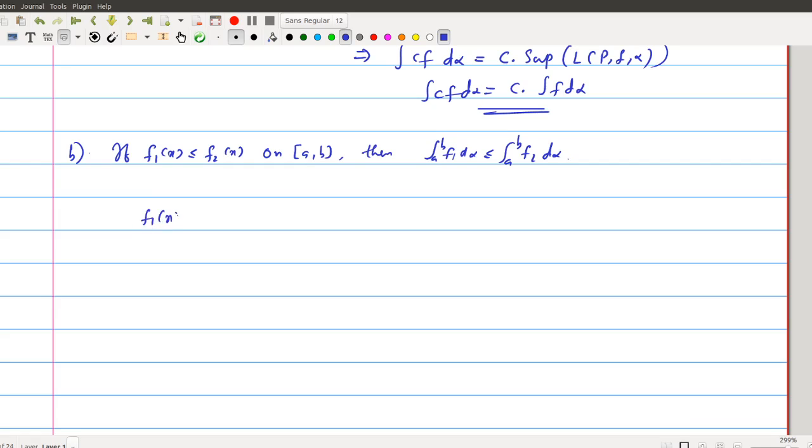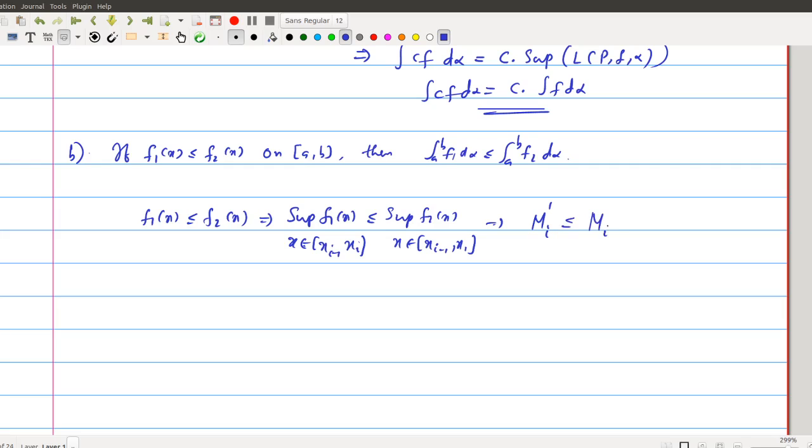If f1(x) is less than or equal to f2(x), and our assumption is that f1 and f2 are integrable functions, then the supremum of f1(x) is less than or equal to the supremum of f2(x). If x belongs to [x_{i-1}, x_i], then we have M_i' less than or equal to M_i''.